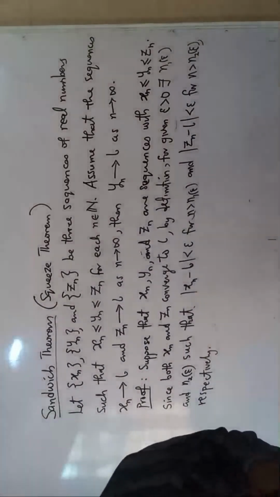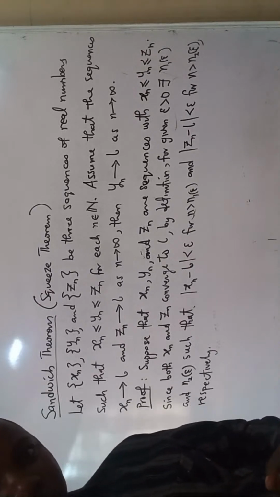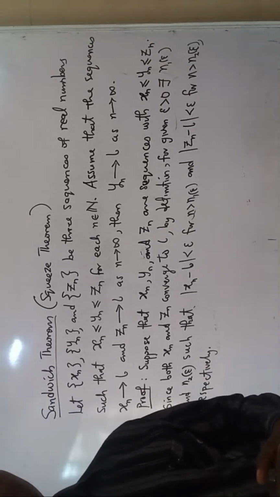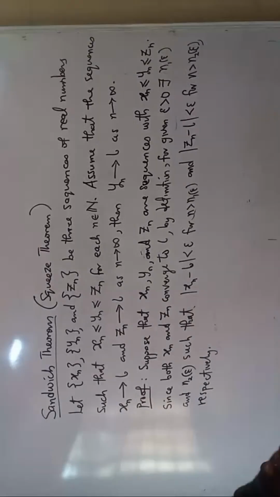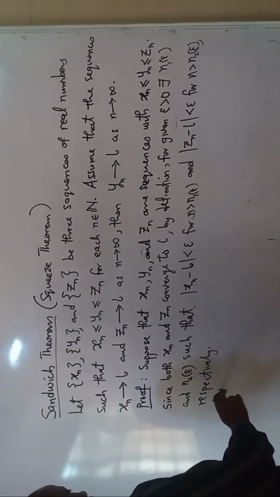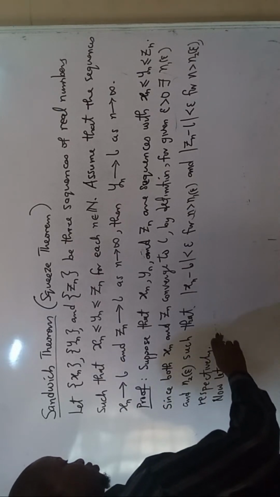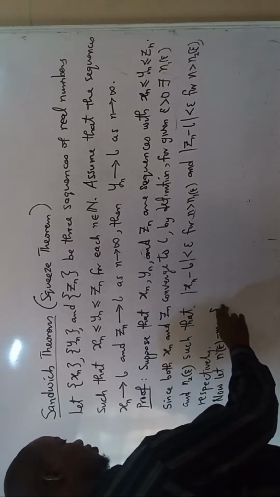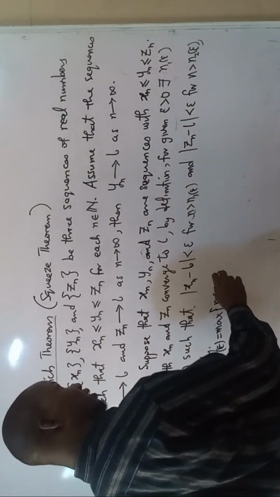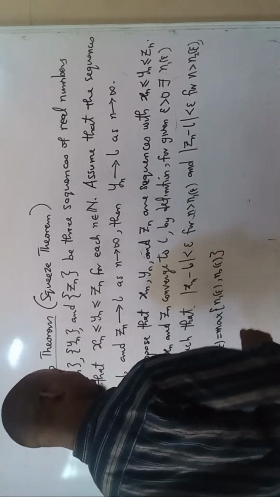I think we are all following. So now let n of epsilon be equal to the maximum of n1 of epsilon and n2 of epsilon.